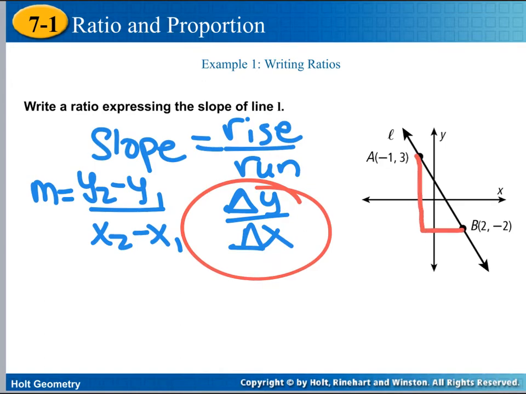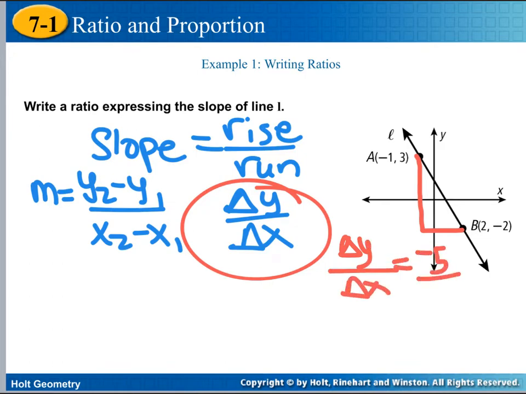And so I can see that as I go on this line, I'm moving, because we read left to right, this line is going down. It has a negative slope. What's happening is the y is going down, and the y changes from 3 to -2. So it goes down 3 units, and then it goes down 2 more. That's a change of -5. So this slope I would represent as the change in y is going to be -5.